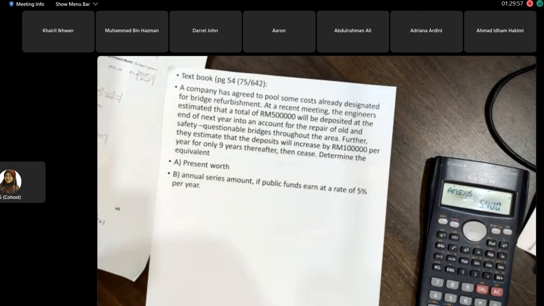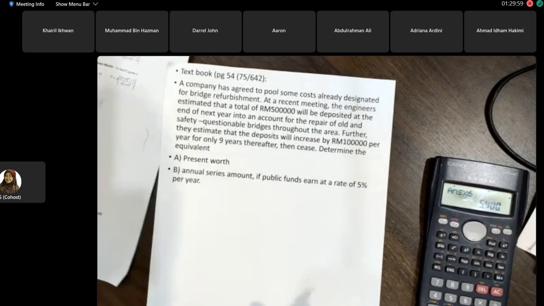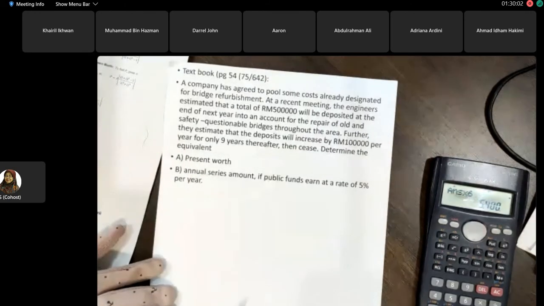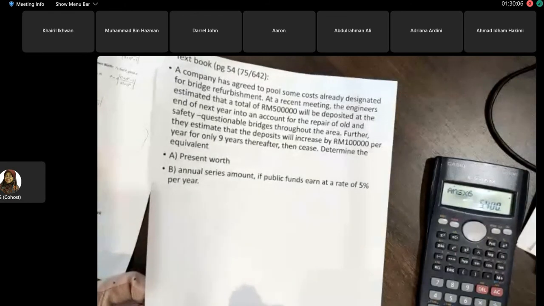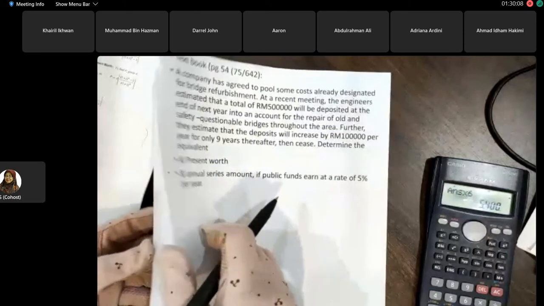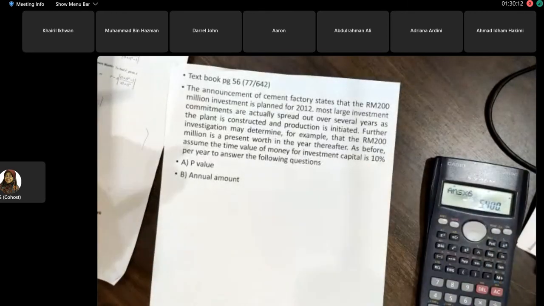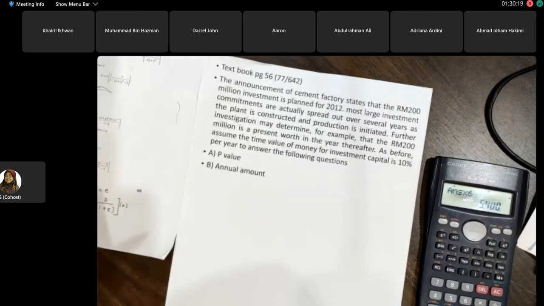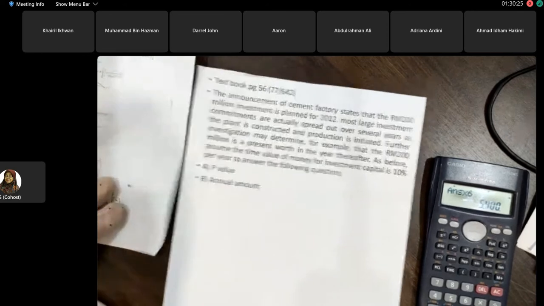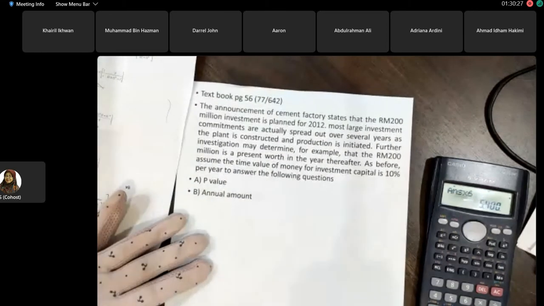Sama lah kot, ini sama dengan soalan tadi lah, kejap. Macam sama pula. Sebab sama. Okay, then 6. So, sama juga. Tak apa, yang ni pun nantilah.